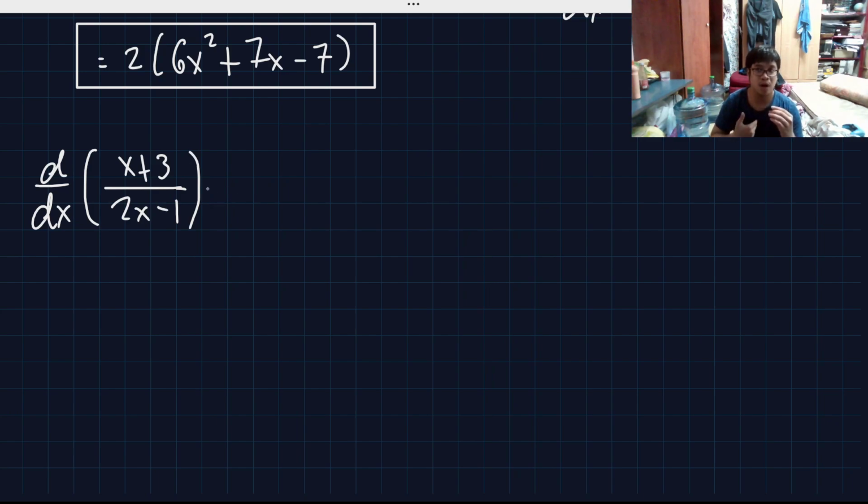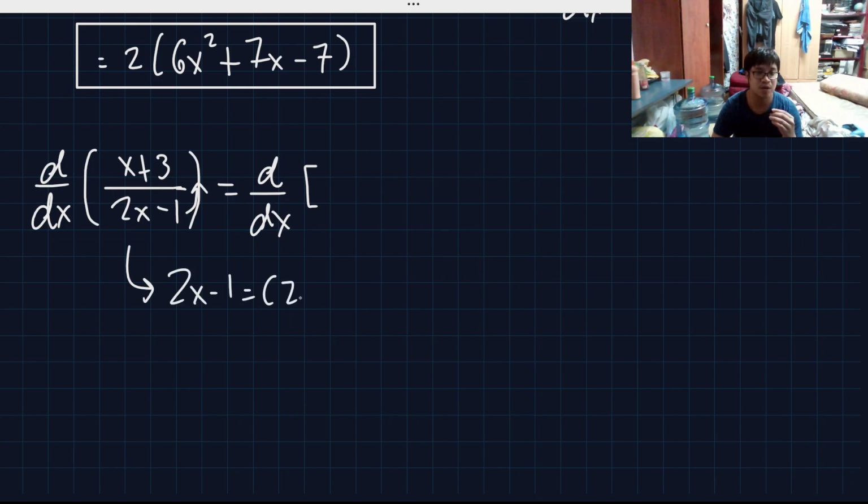If you want to know why we can use the product rule of differentiation, well, we can bring up 2x minus 1 upward. However, if we're going to bring it up, what happens is that the exponent of 2x minus 1 would be changing its sign, because here, this 2x minus 1 is just simply the same as quantity 2x minus 1 raised to 1.